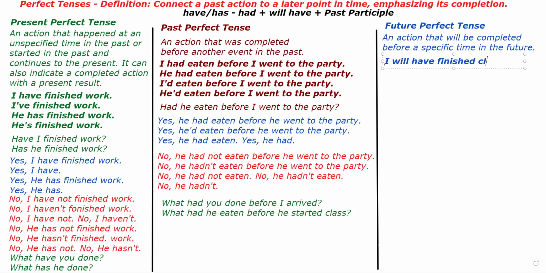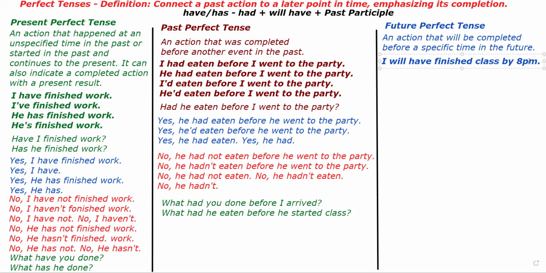I will have finished class by 8 p.m. I could say by the end of the month, by the end of the year, but since we don't have so much space to write, we're going a little shorter. So it's an action that will be completed before a time, which is 8 p.m., which is in the future.